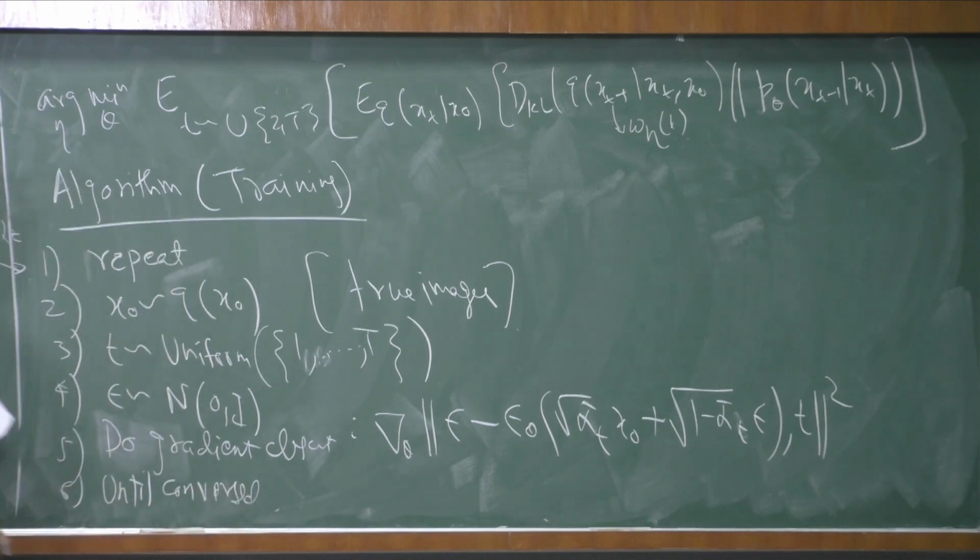As you can see, after all these derivations, the algorithm is very simple. To arrive at this algorithm we did all those derivations, but at the end this is just a 4-line algorithm.